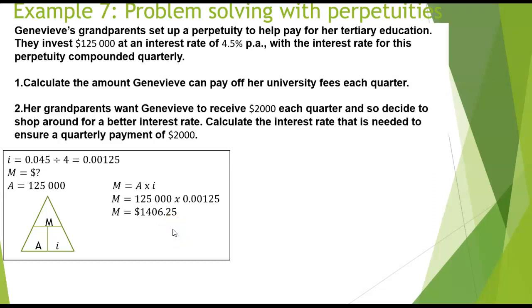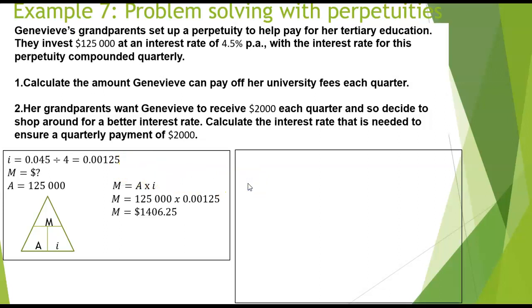But her grandparents want her to get $2,000. So they're going to shop around for a better investment rate. Calculate the interest rate that is needed to get $2,000. Okay, so now this time we're looking for I. We want $2,000 to be the amount that she gets. It's the same amount of money that's getting invested, so it's the same amount.